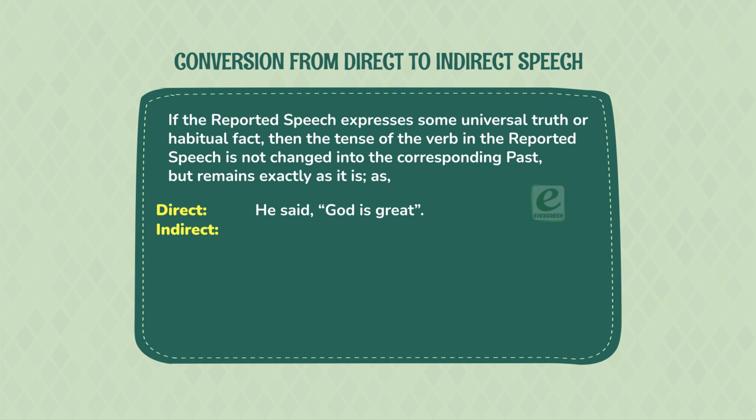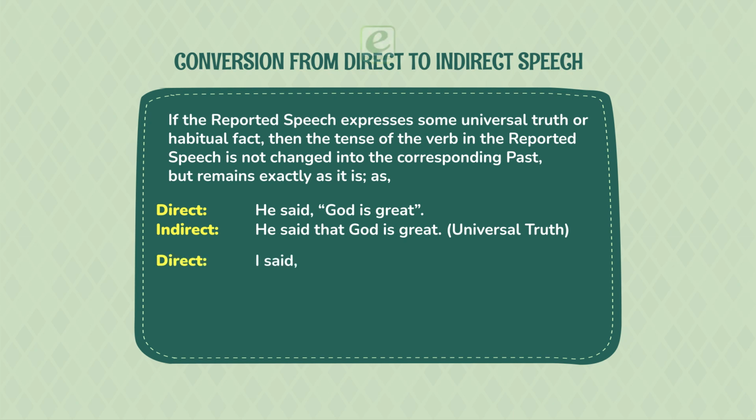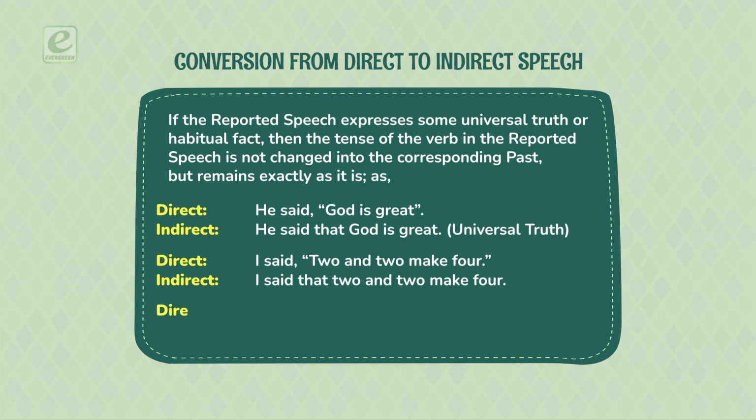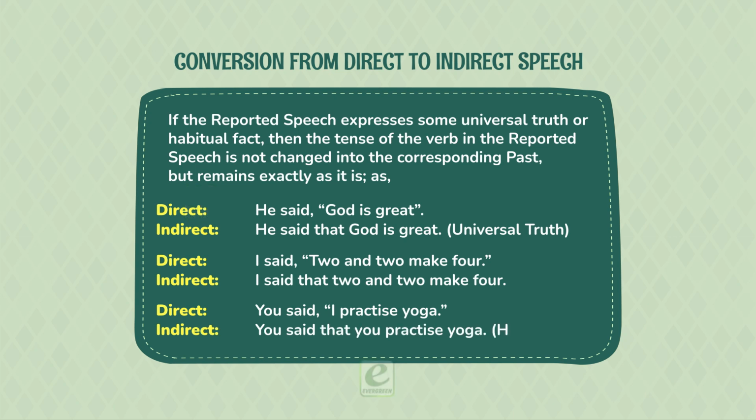Indirect, he said that God is great, universal truth. Direct, I said, "2 and 2 make 4." Indirect, I said that 2 and 2 make 4. Direct, you said, "I practice yoga." Indirect, you said that you practice yoga. Habitual fact.